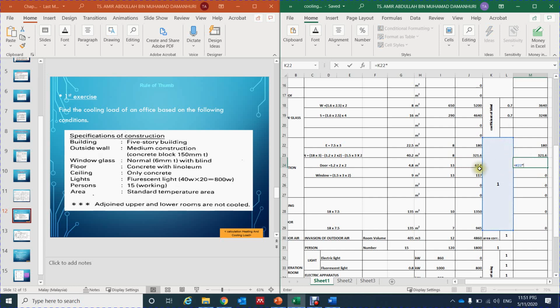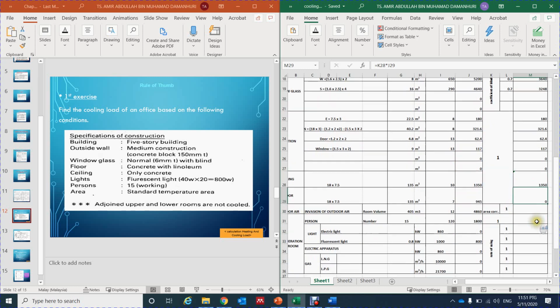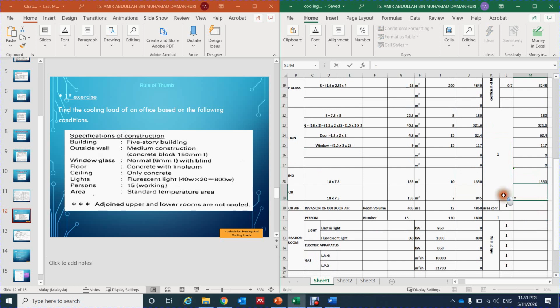Times here. So this one also same, here times here. So that one equals 1 times here. This one also same, here times 945. Then the error coefficient is 1, equal to this one times this one.